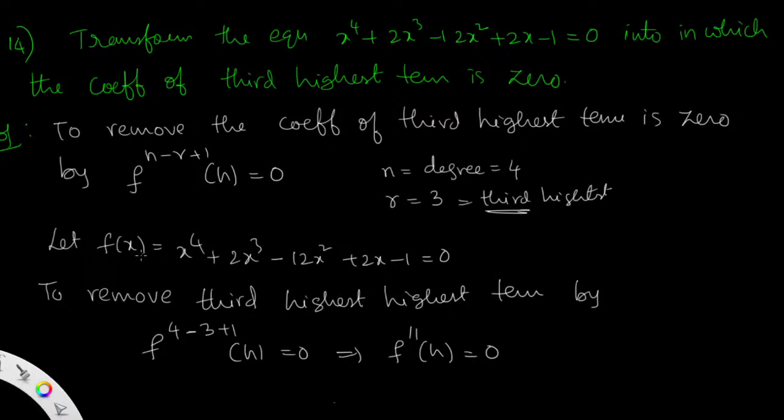So first write the given equation as f of x, and then f dash x, and then again differentiation with respect to x, then f double dash of h equal to 0. So f of x equal to, the question is given, x to the power of 4 plus 2x cube minus 12x square plus 2x minus 1 equal to 0.